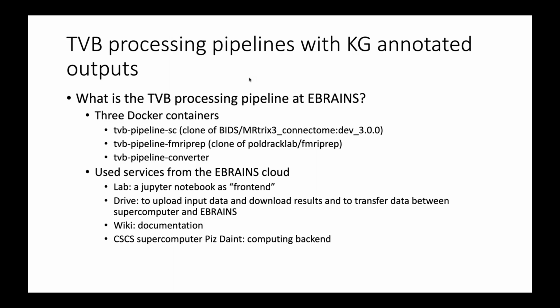Then Drive is eBrains' space to share files, and there users can upload the input data for the pipeline and download the results and transfer them back and forth between the backend supercomputer, which is used to do the pipeline processing. And then we have the wiki, where documentation is, and where users may work collaboratively on documents in order to do research with such workflows. And we have the supercomputing backend, which is in this case Daint from the CSCS facility in Switzerland.